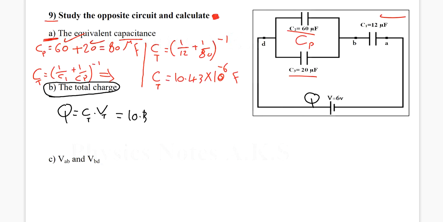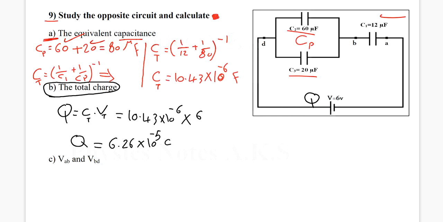So 10.43 multiplied by 10 to the power -6 multiplied by the V total, which is 6 volts, and this will give me that the total charge is going to be 6.26 multiplied by 10 to the power -5 coulomb.